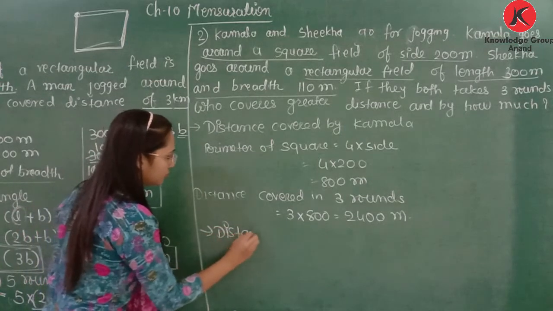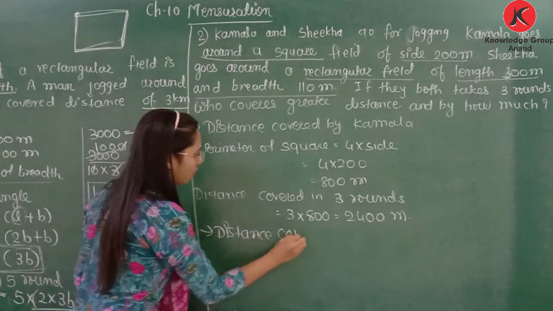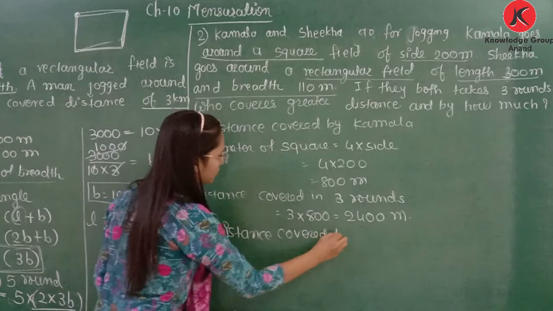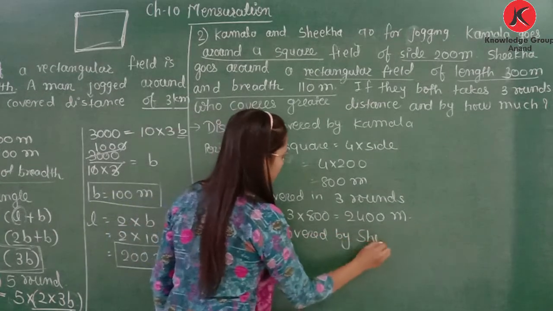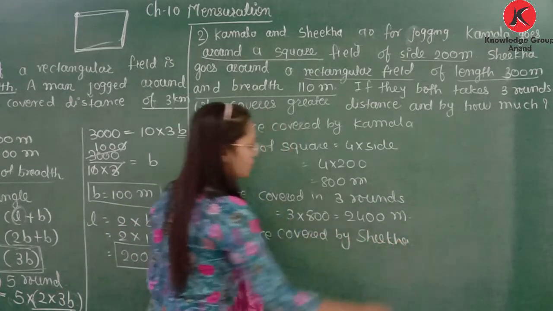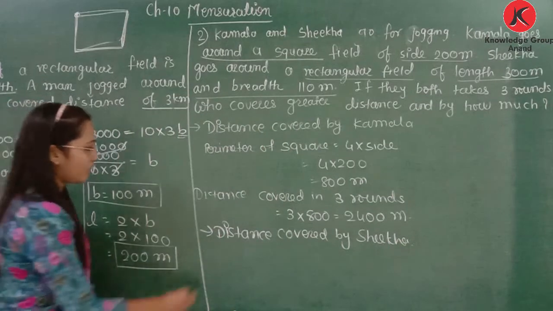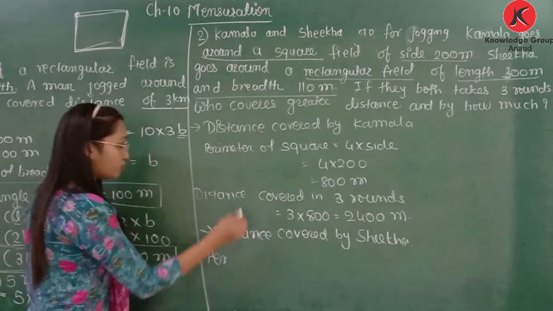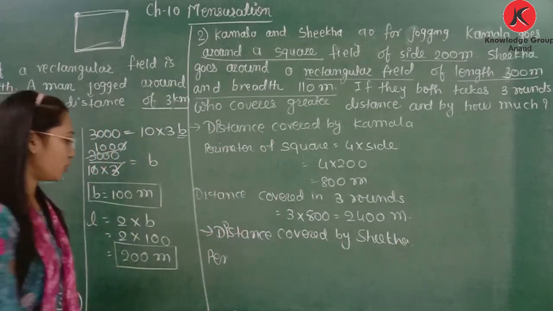Now distance covered by Shikha. So perimeter of rectangle because she is moving in a rectangular path.